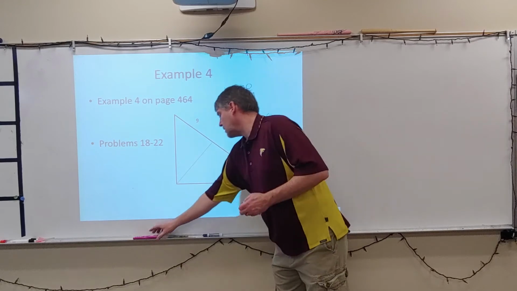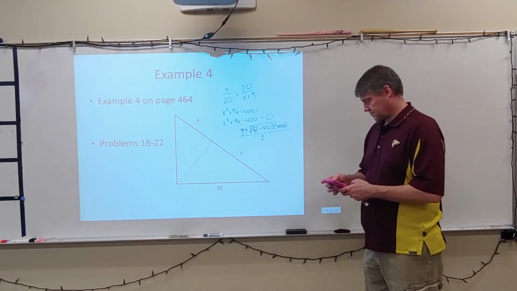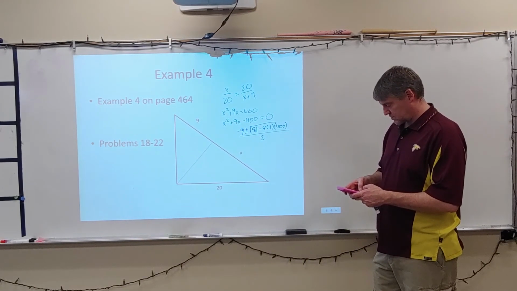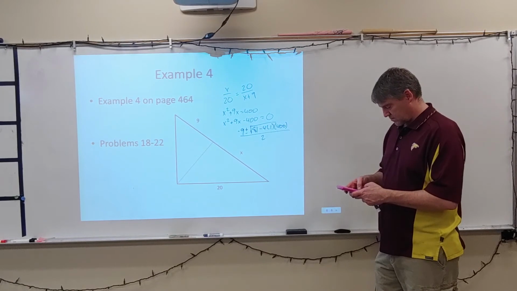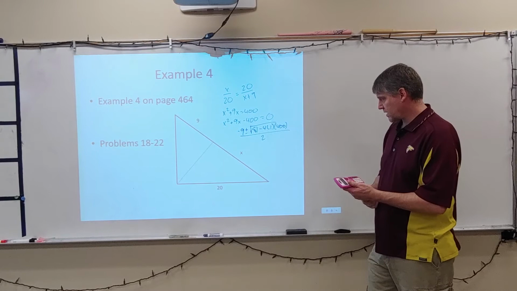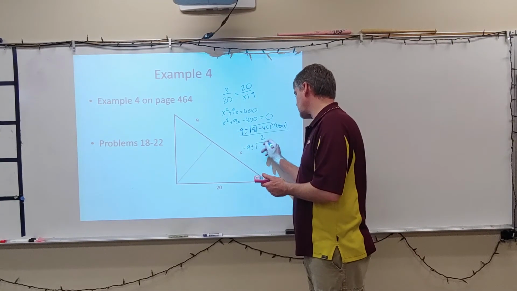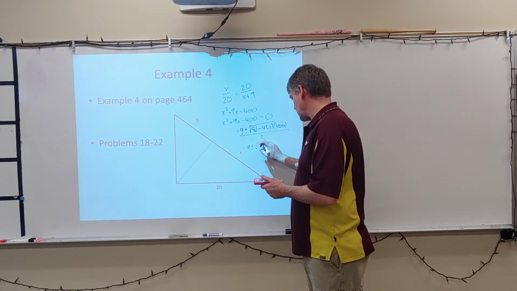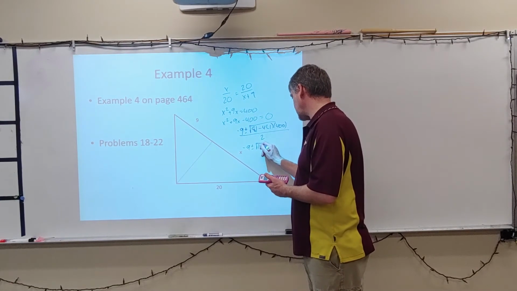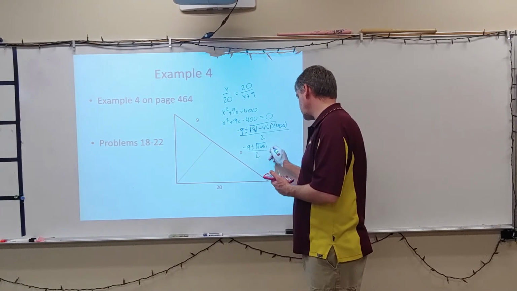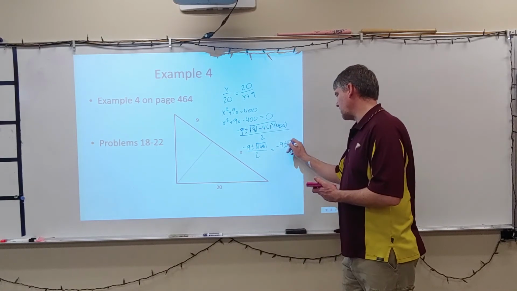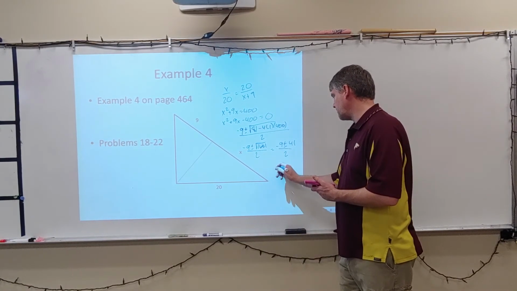Okay? So 4 times 400 plus 81. Okay, so this whole thing is going to give me negative 9 plus or minus the square root of 1681 over 2. This is negative 9 plus or minus 41 over 2.